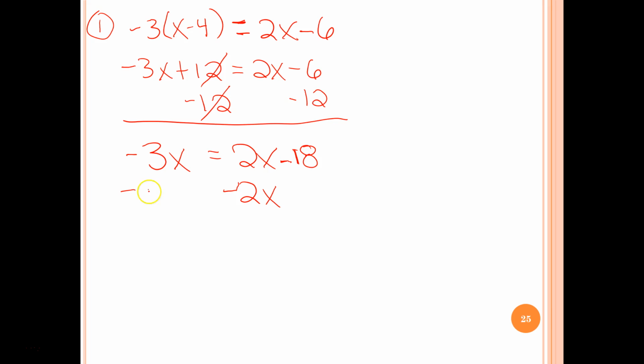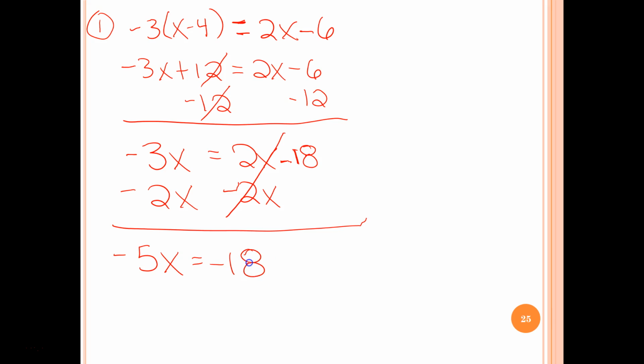It's positive, so we're going to subtract it from both sides to remove it. And there it goes. So we're left with negative 5x equals negative 18. And you guys are fine with leaving decimal answers as your result, and I'm going to do the same. If we divide both sides by negative 5, we are left with x equals a positive 3.6.